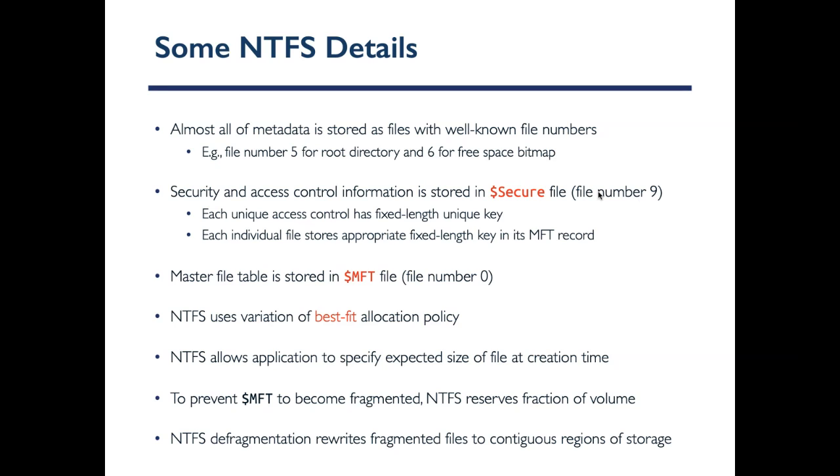So basically a list of all possible access controls that you could have in your system, you store them here, you give them a unique key, and then in your MFT record, you just hold that unique key. So what is the access control of this file? It would be just a number that would correspond to one of the entries in this file.